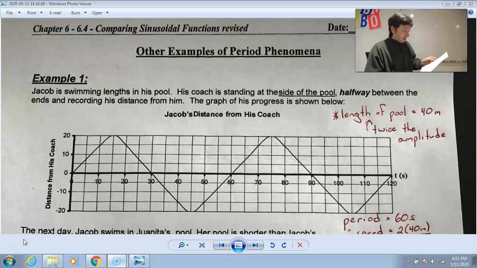Our first page pretty much goes over a sine function. Let's just do this up here. So we have a sine function. That's one cycle, but of course this is going to go on and on and on through both sides.